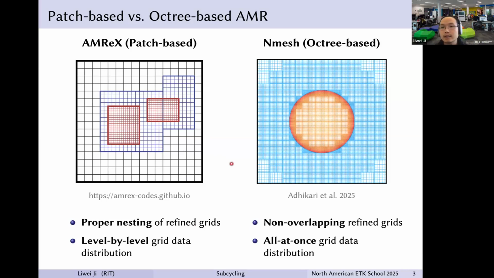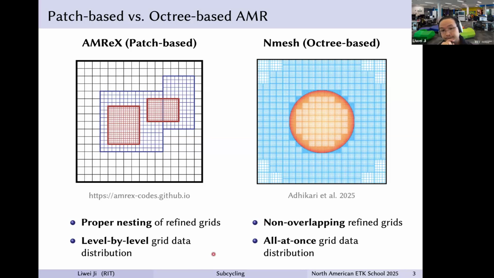And for the octree-based AMR, you will distribute all the grid data you have to all the computational nodes you have.